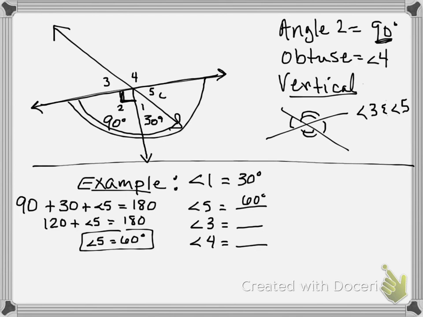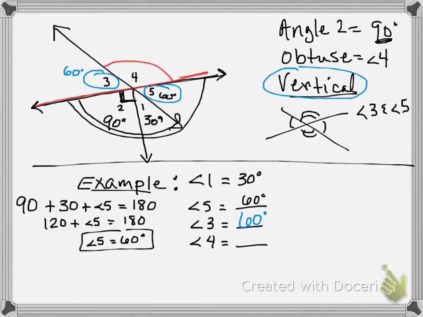Okay, so we know this is 60. All three of those add together to give you 180. Well, going off of what we know from vertical angles, if angle 5 is 60, angle 3 has to be 60 as well. So that was simple enough. If I know that's 60, our last order of business is trying to figure out what angle 4 is.